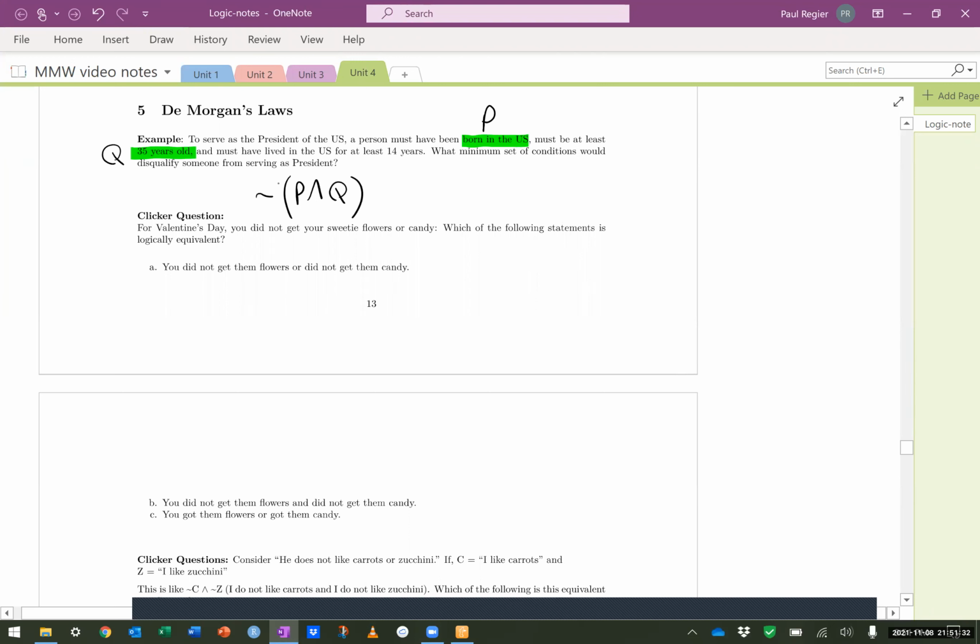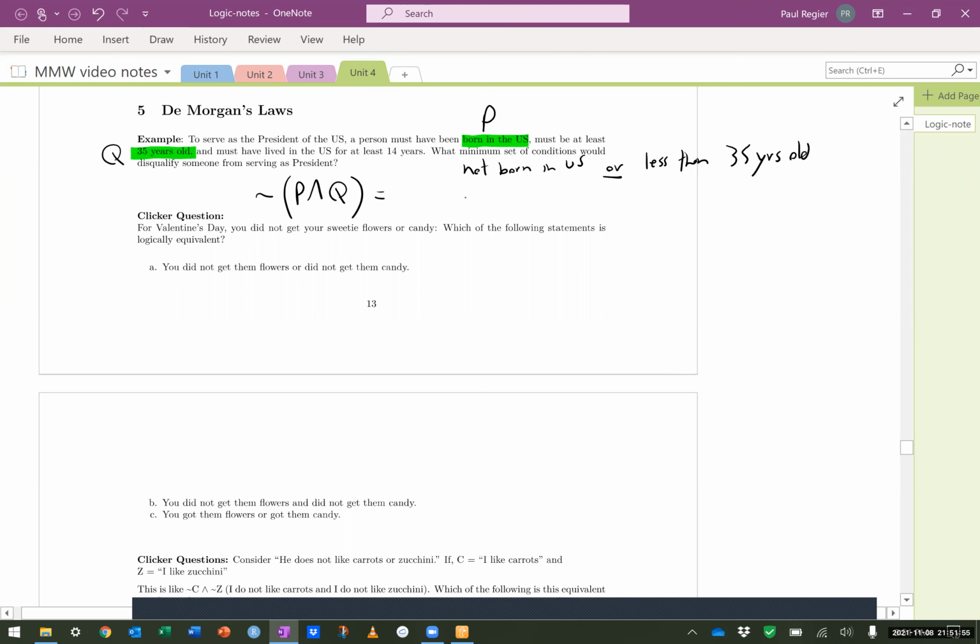So we could say you're not born in the US, or you're less than 35 years old. If either of those hold, you're not qualified to be president, right? So notice the negation of this.